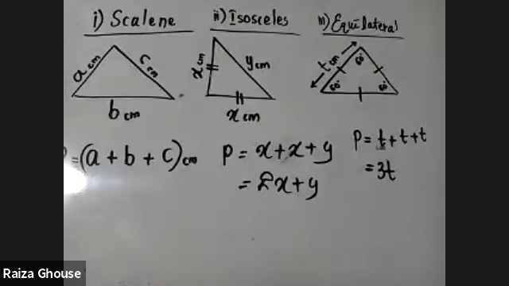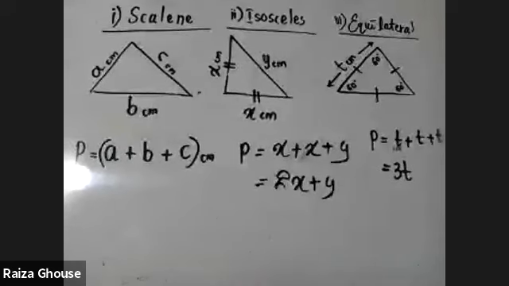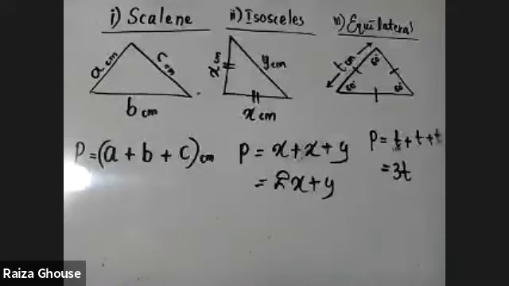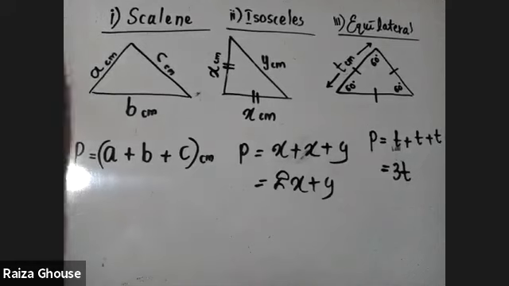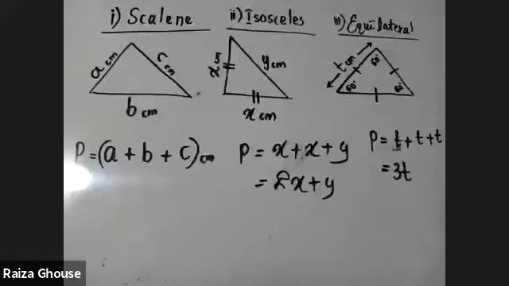Others, copy down now. Start copying down with the topic triangles, three different ways. When you're done, drop a text here on the chat box.